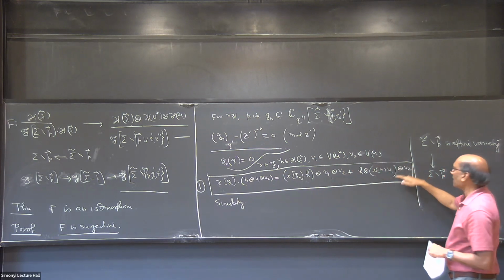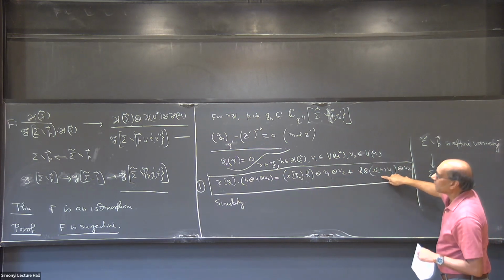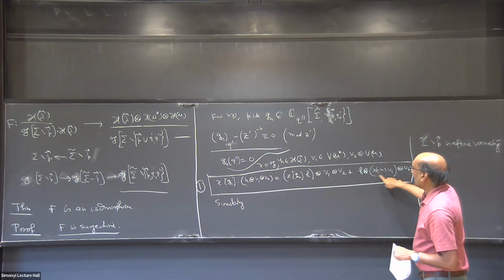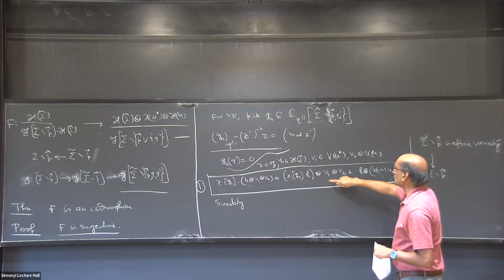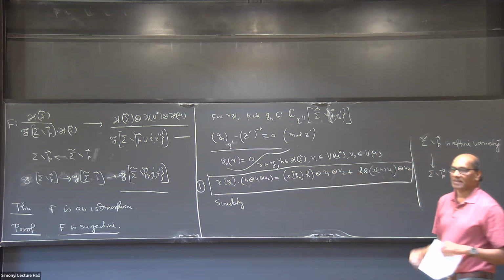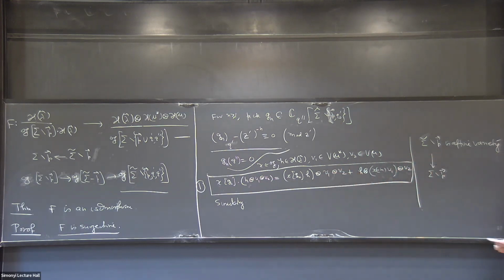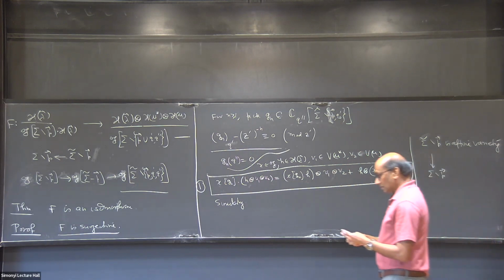So this was an arbitrary vector in the H of mu star, and now this is 0 in the quotient. I have moved it to a vector only in the top piece. And similarly, I'm going to do the other thing.